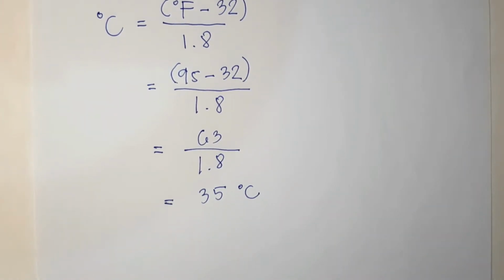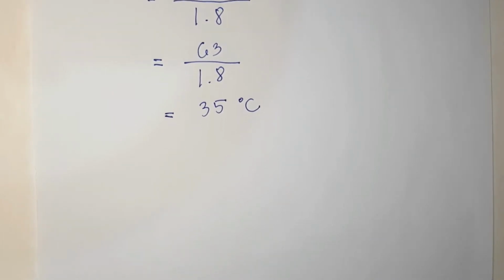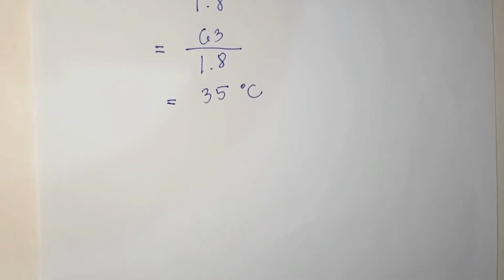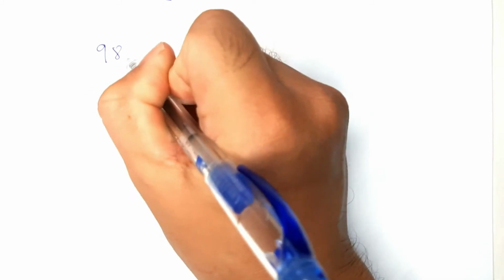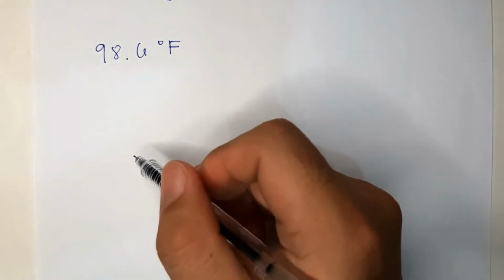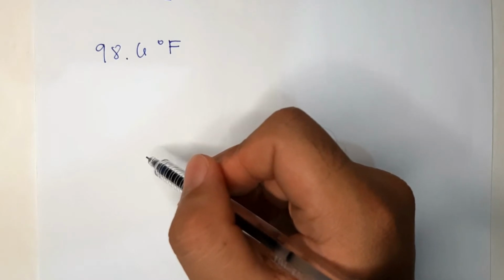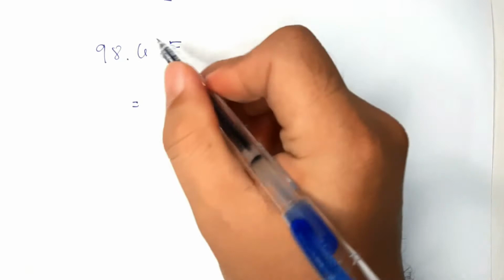So now it's your turn. Feel free to work on these examples and pause the video. The next example is 98.6 degrees Fahrenheit. Again, we use the formula and plug in this value.